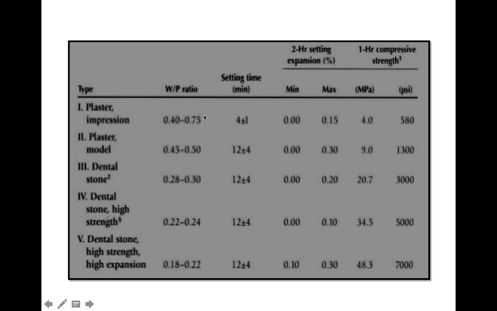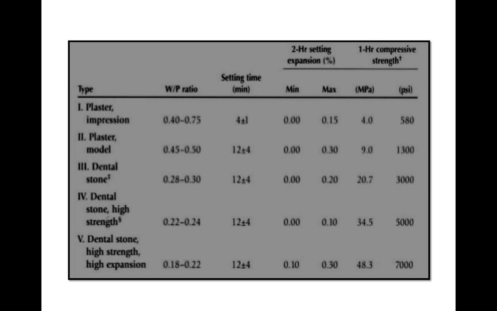The second column gives an idea about the water by powder ratio, that is 0.40 to 0.75, 0.45 to 0.50, 0.28 to 0.30, 0.22 to 0.24, and 0.18 to 0.22. As it goes, it decreases.